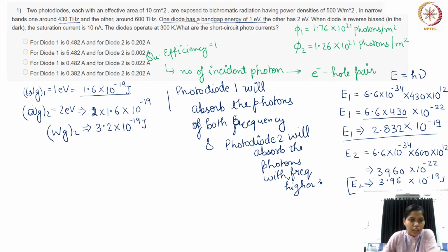So we can write from here the value of the current. Let's say the short circuit photocurrent, we are representing it by Isc. It is Q times A and then phi t, where phi t is the total flux.